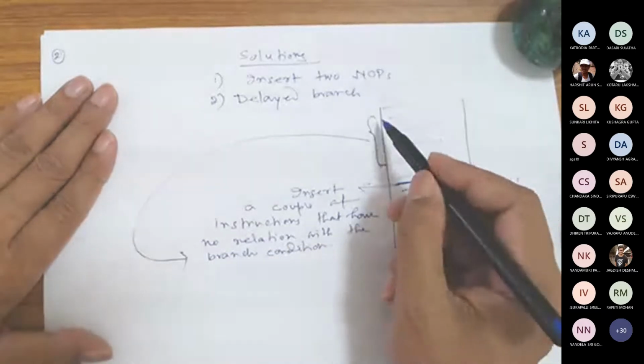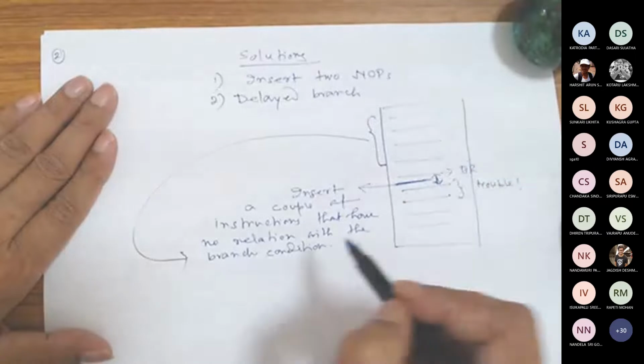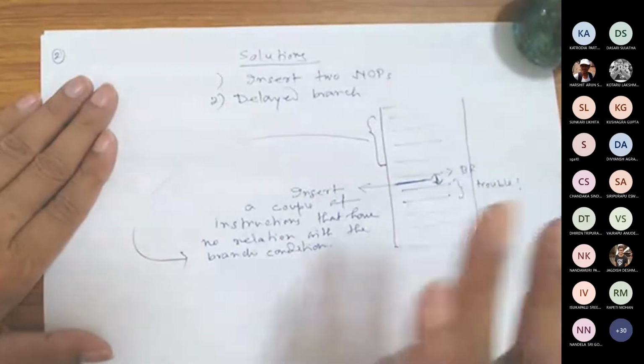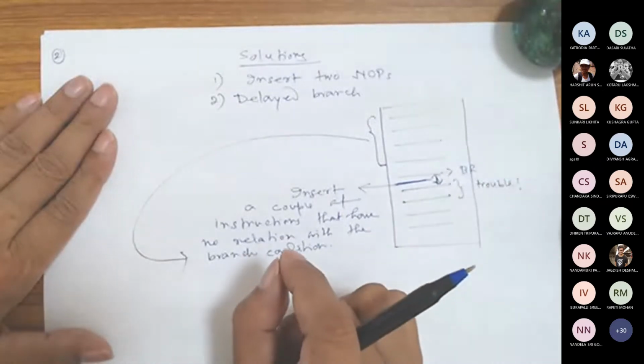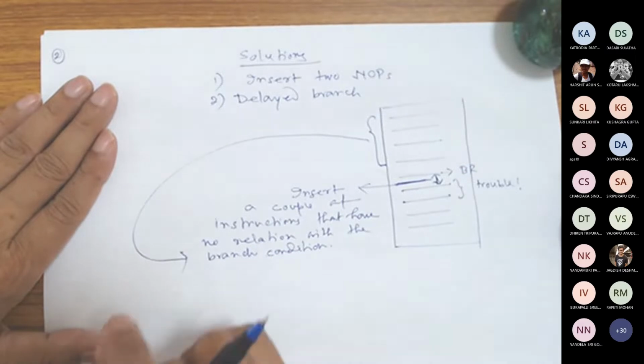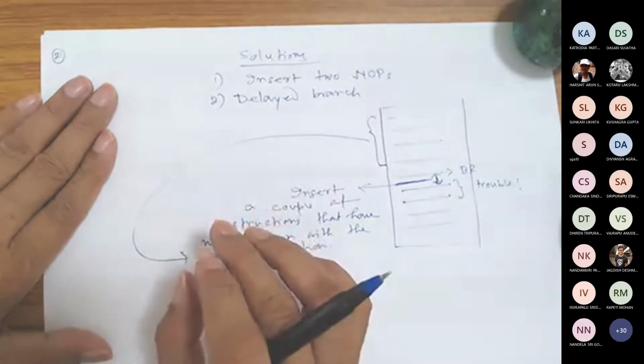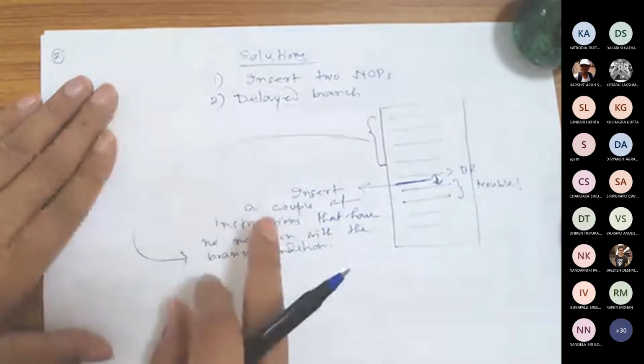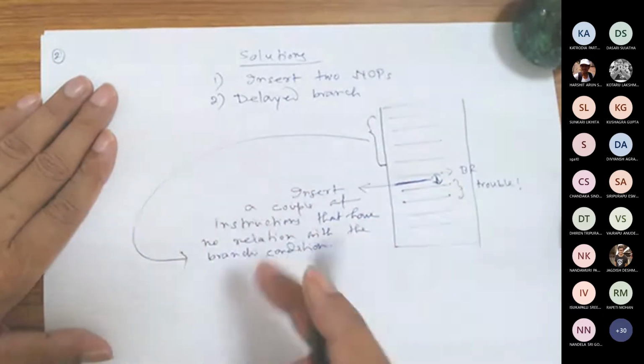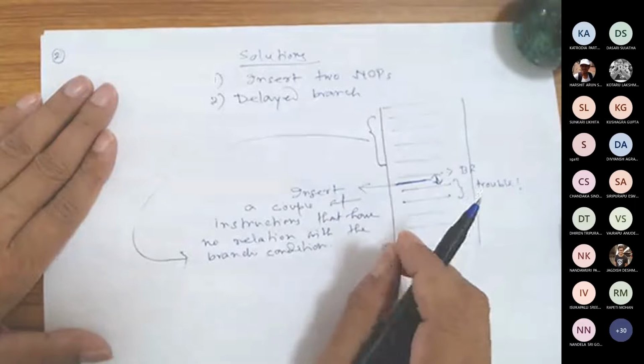But finding such instructions prior to branch which has no impact on the branch condition is also difficult. But that's why I told you this is a softer solution. You'll have to look into the instructions, find out the dependencies there itself, whether these instructions have any dependencies with the branch or not. So you'll have to find out independent instructions.